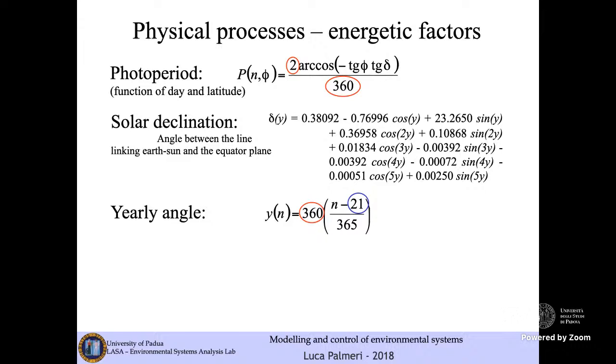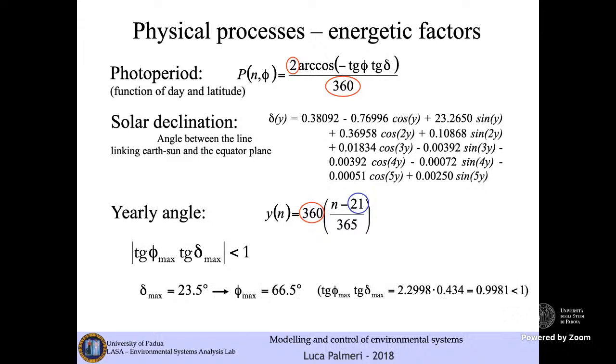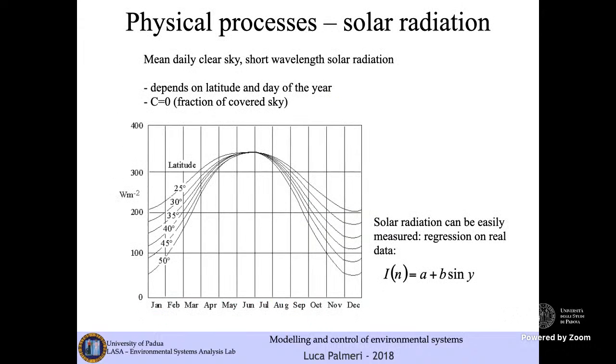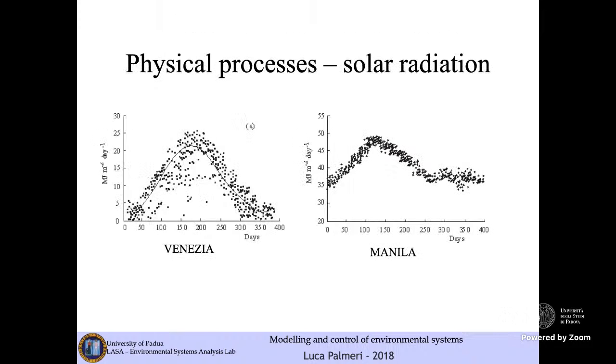Of course, for the South Pole, we have the reverse. Then we have a function that tells us, as a function of the day of the year, the quantity of solar radiation that arrives on the surface of a planet. So this is in watts per square meter.